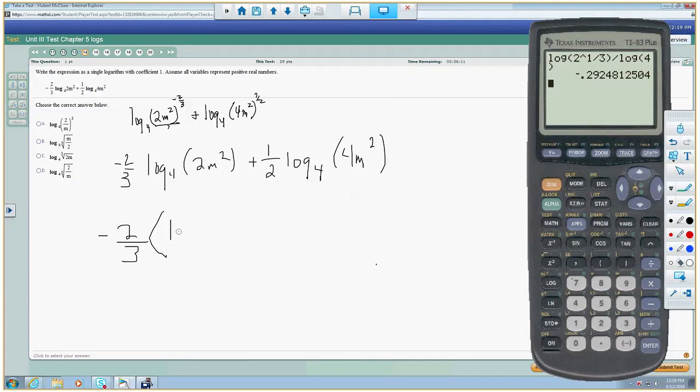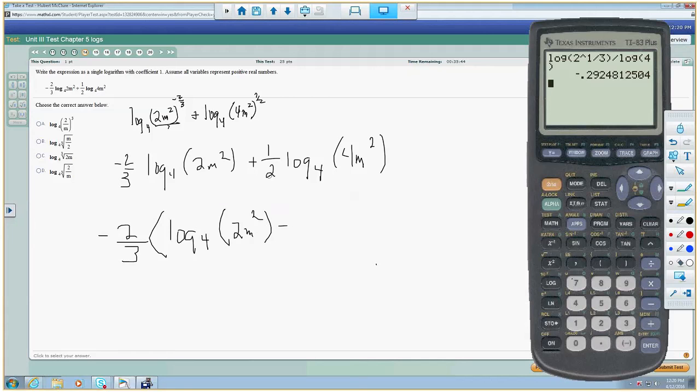That's going to give you log base 4 of 2m squared plus, well, 1/2 is going to be a minus. When you factor out, you're dividing, right? So 1/2 divided by negative 2/3 is going to be negative.